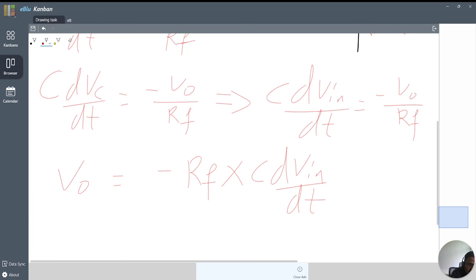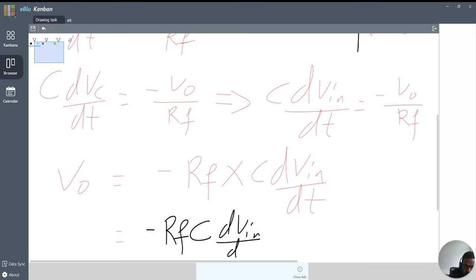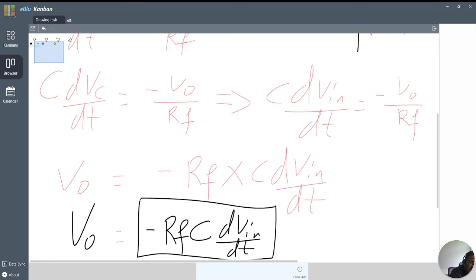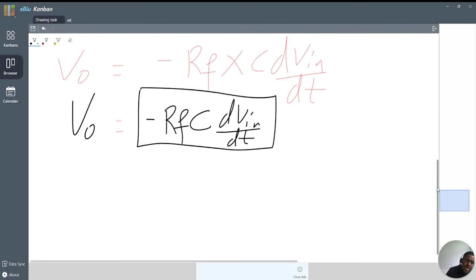So simply, V out equals minus RF times C times d of V in over dt. This is our V out for the differentiator. The gain of our op-amp depends on the feedback resistor and the capacitor.